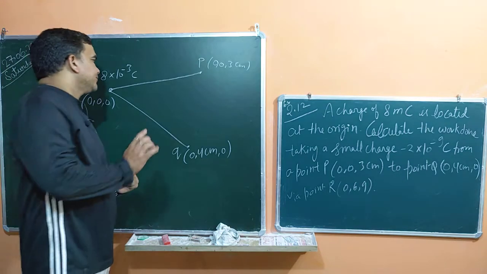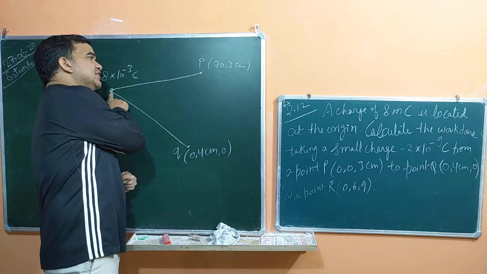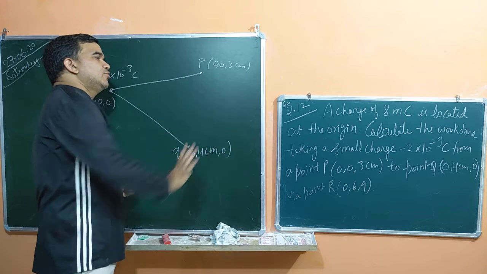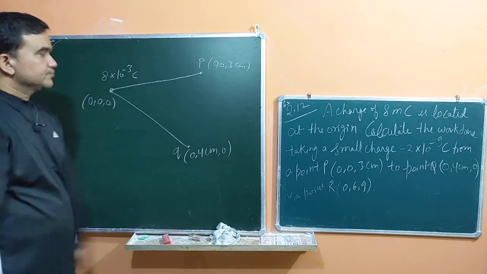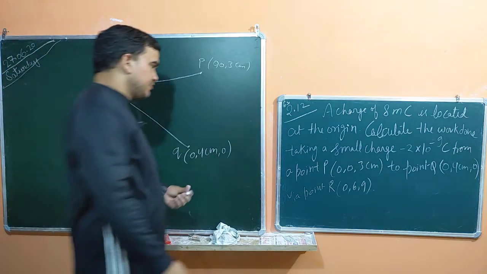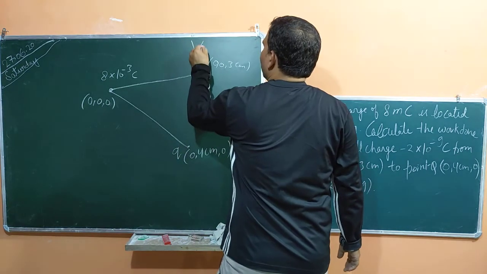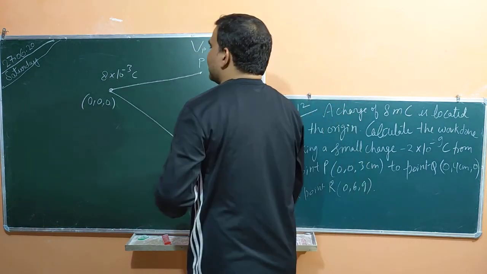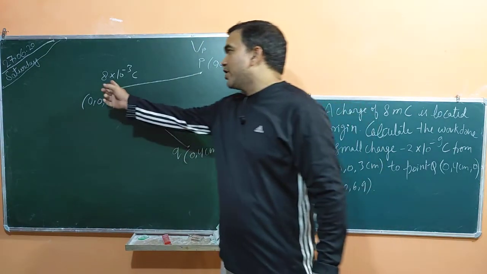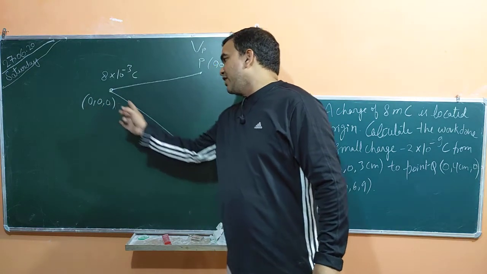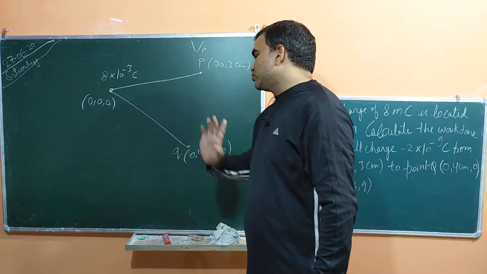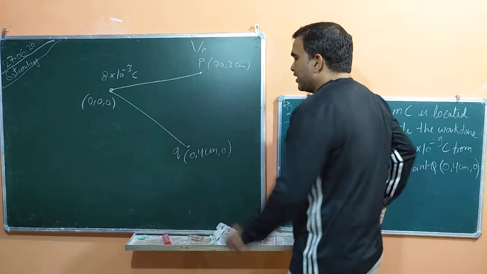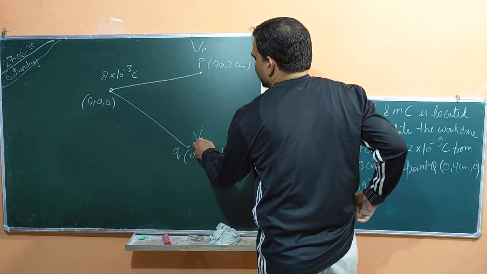तो आइडिया ये है कि इस पॉइंट चार्ज के चलते इस पॉइंट पर पोटेंशियल निकालेंगे हम, and we will give a name Vp, and similarly due to this point charge we will calculate the potential at point Q and we will give it a name VQ.